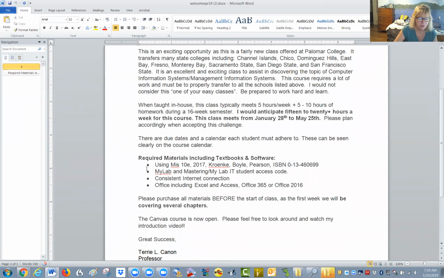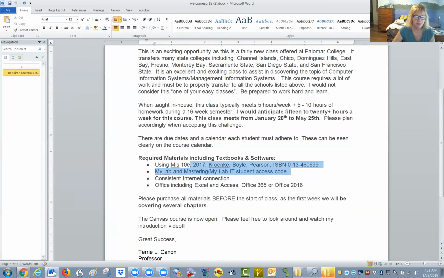The required materials for this class are the textbook, Using MIS, 10th edition. It would be best if you had the 10th edition, but if you had the 9th, they're very, very similar, and it would probably be fine. You absolutely need a student access code to MyLab and Mastering. Both of these can be bought at the bookstore, and I know that you have ability to find books elsewhere online.